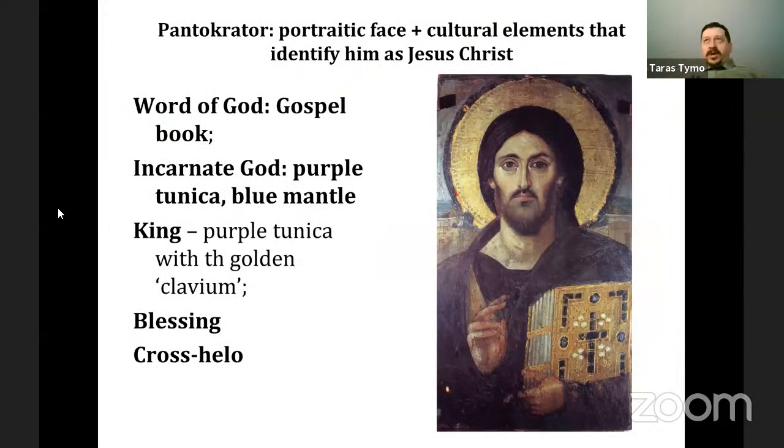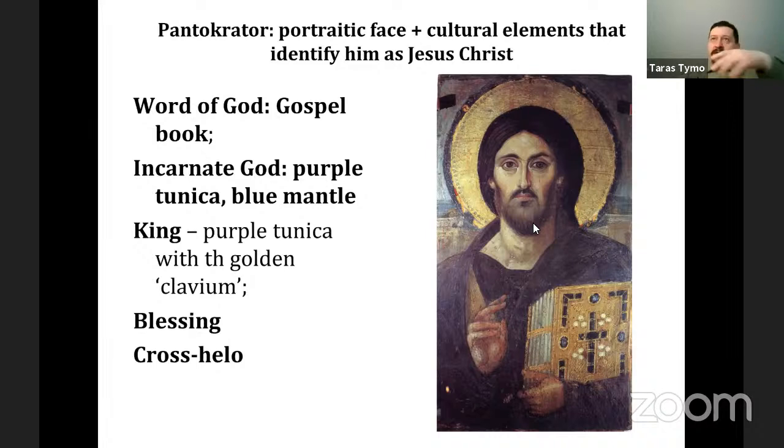So now the second type, Pantocrator. I will briefly go through it because we have already seen many of those images. So what is Pantocrator? It is the representation of adult Jesus as the Savior, as God incarnate, and the identity of Jesus is conveyed in two ways. As I mentioned, there is a portrait face based on the holy face representations.